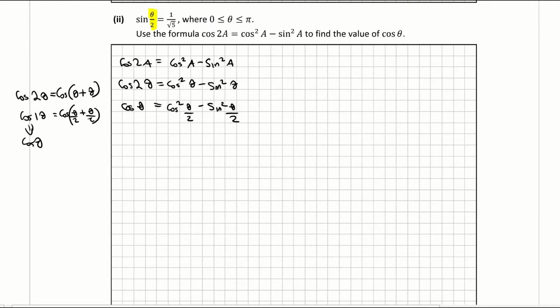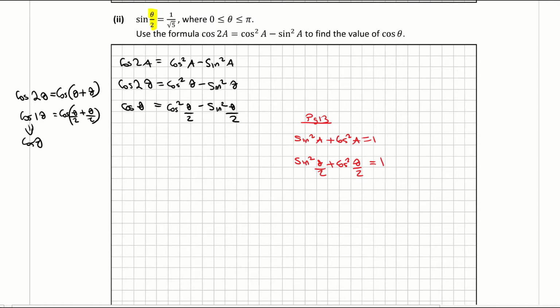Now I'm going to use my knowledge of page 13 in my log tables. And from page 13 we know that sine squared A plus cos squared A is equal to 1. Now my angle in this case is theta over 2, so let's just change that. It's sine squared theta over 2 plus cos squared theta over 2 equals 1.